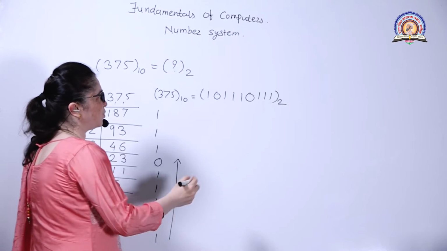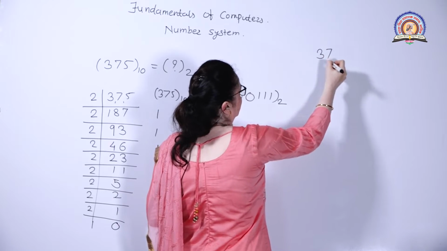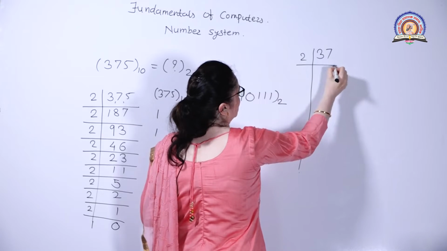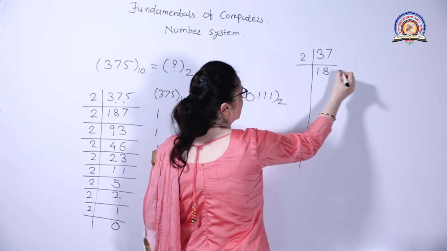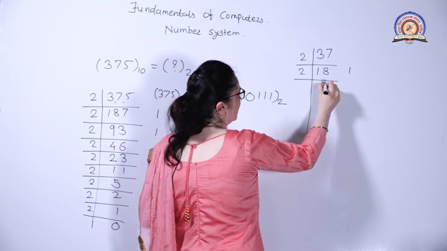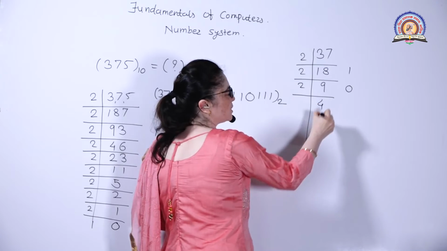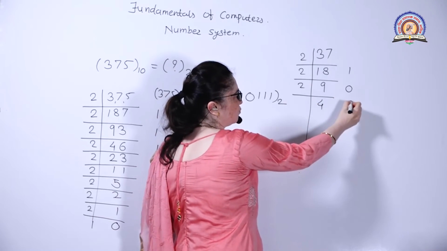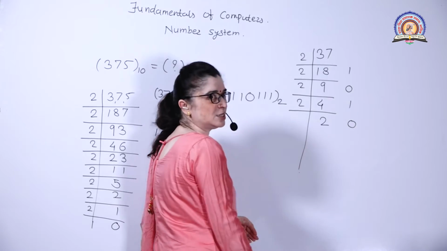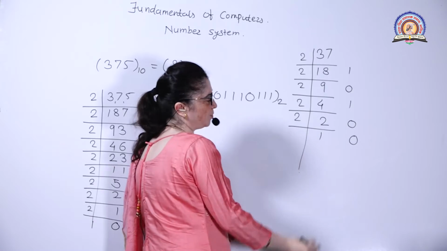Let us consider one more example. 37. Again divide this 37 by 2. 2 ones are 2, 2 eights are 16, remainder is 1. Then 2 nines are 18, remainder is 0. 2 fours are 8, remainder is 1. 2 twos are 4, remainder is 0. 2 ones are 2, remainder is 0.